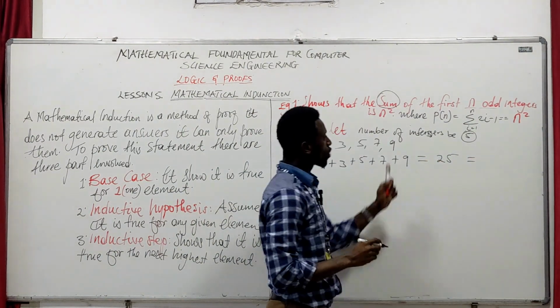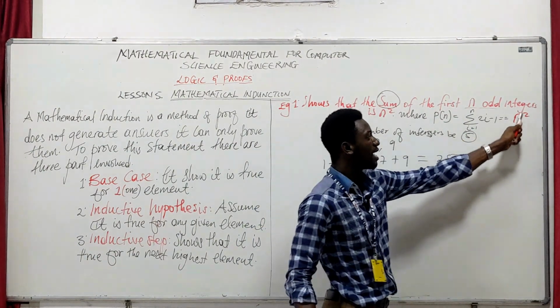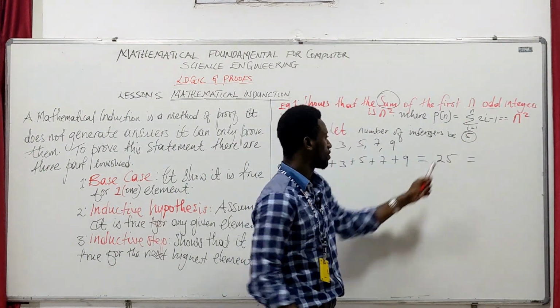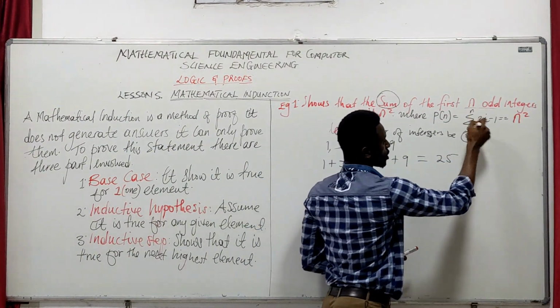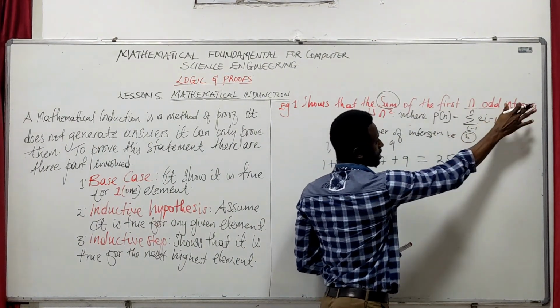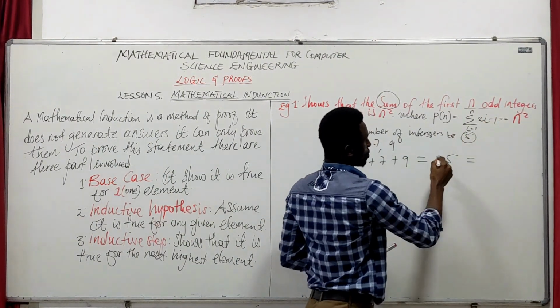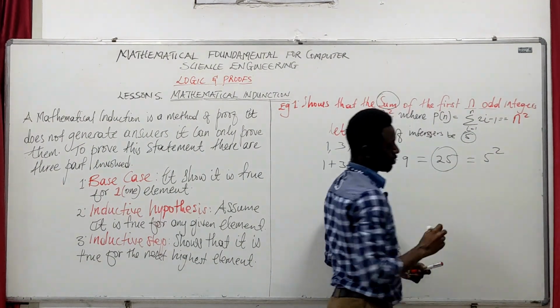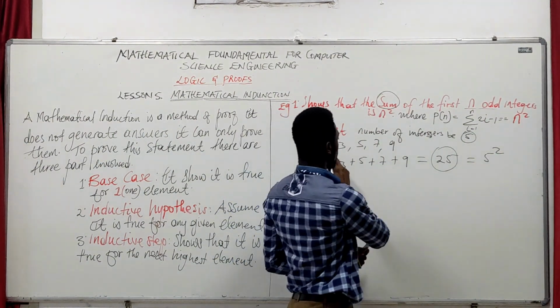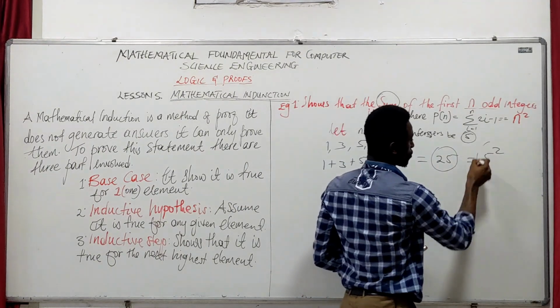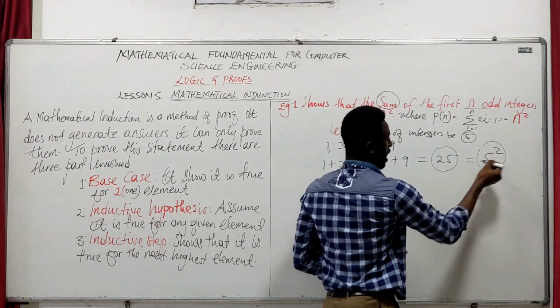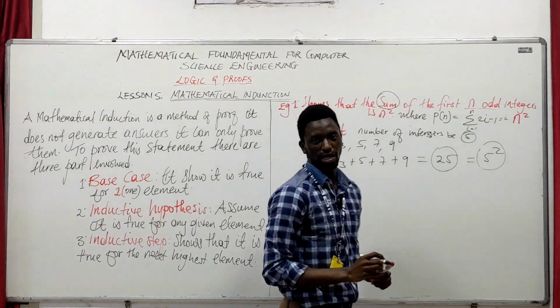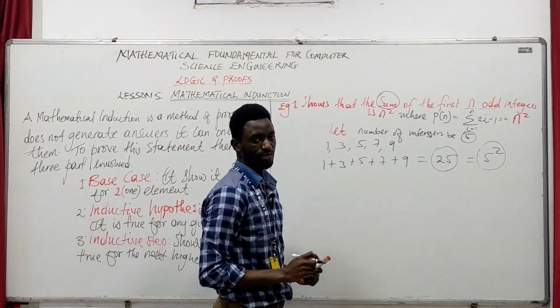So 25, square of 25, because here they said n squared. According to the equation, the summation of these odd integers will give you n squared. So n squared here, 5 squared will give you 25. So now we know the sum of the first 5 odd integers is 5 squared. So definitely we can use these numbers to generate our problem.